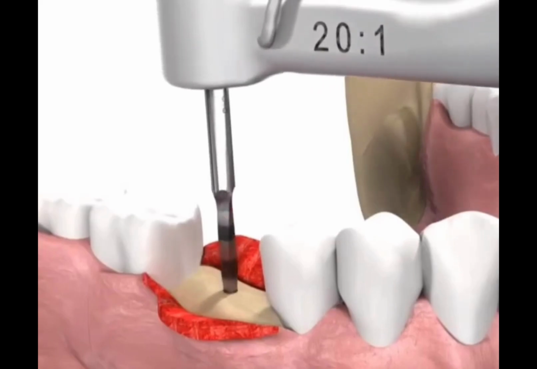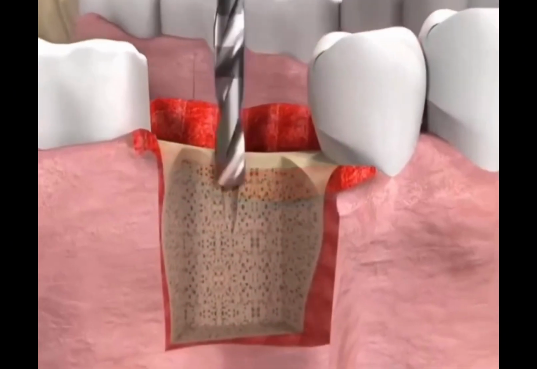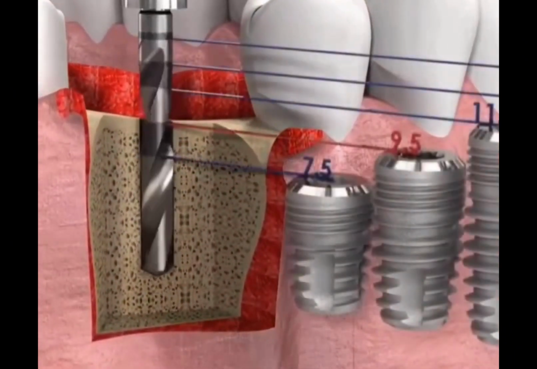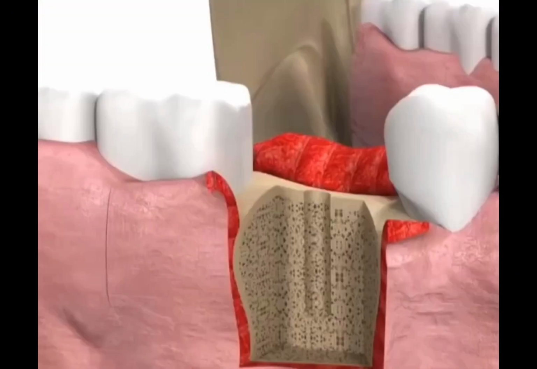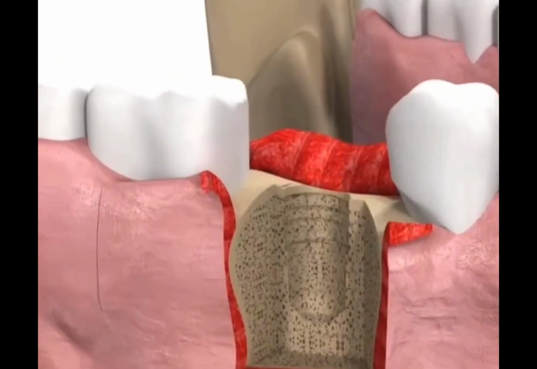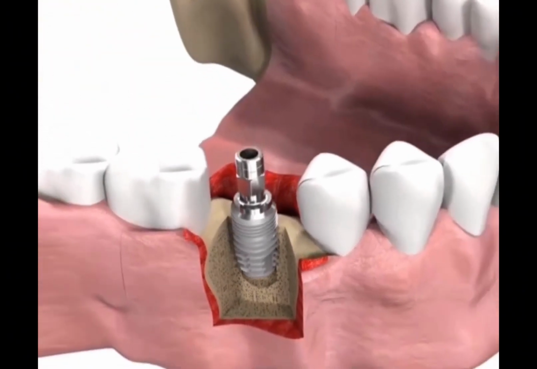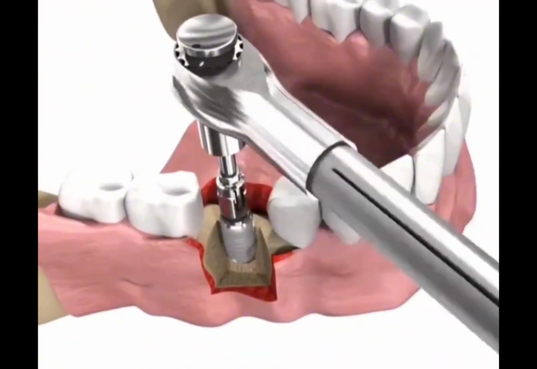replacement of teeth if you have missing teeth, and one of the most favorable is to do an implant in the bone, like the video I posted. That's how to do an implant in the dental clinic.